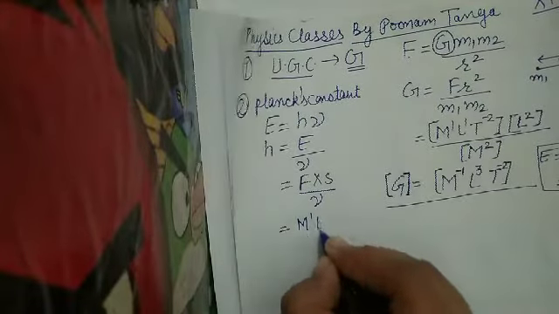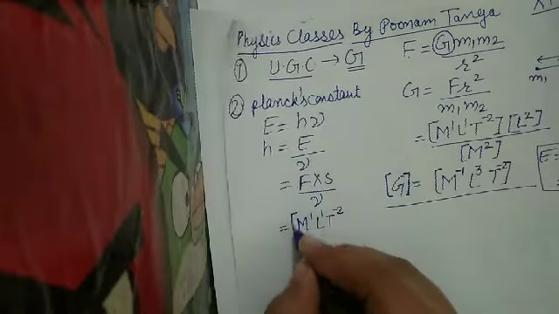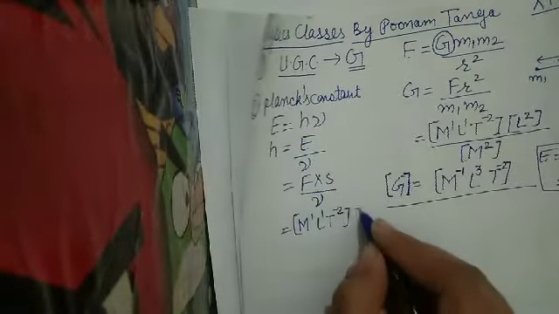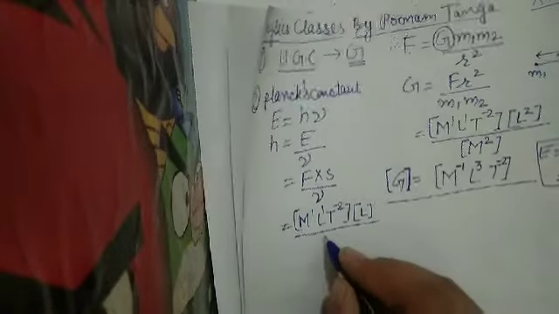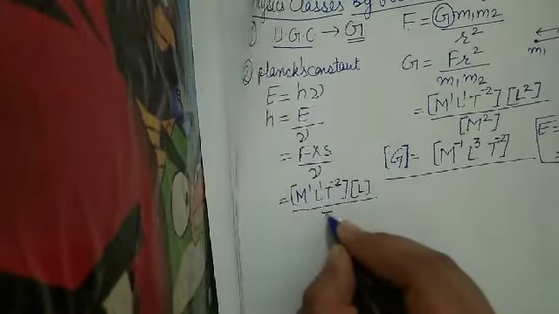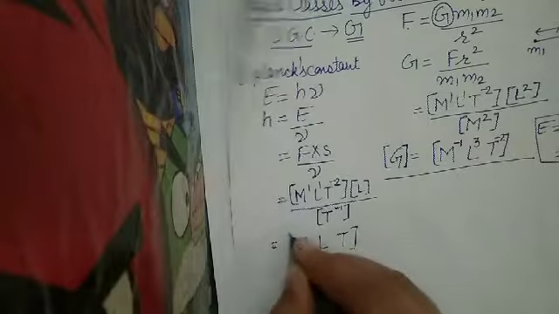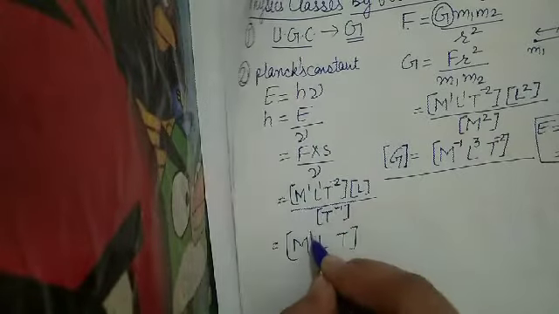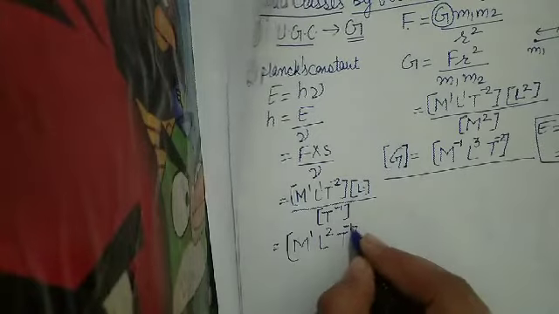Substituting [M^1 L^1 T^-2] for force, L for displacement, and for frequency, which is the reciprocal of time, 1 upon T, I can write T^-1. Again arranging them in order, MLT within square brackets, [M^1 L^2 T^-1].